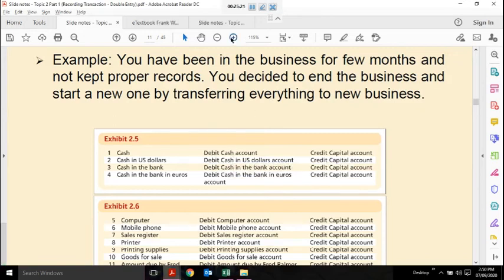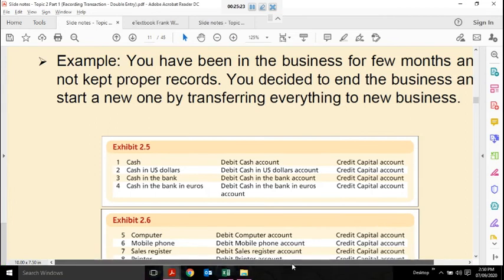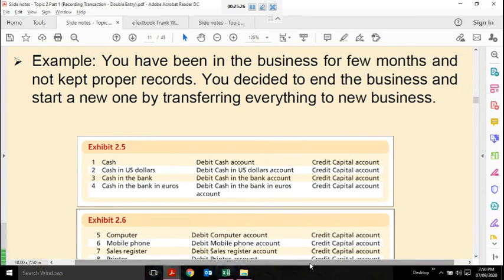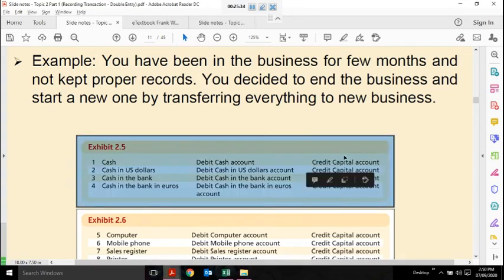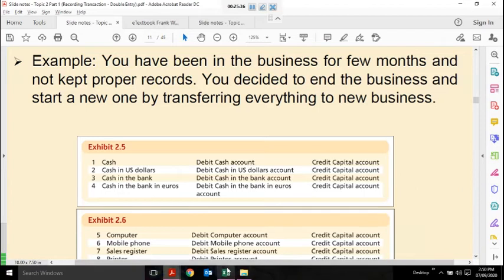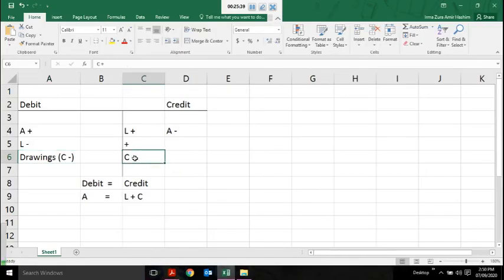And then what is the credit one? Because this is usually when you start your business, another account will be the capital. When your capital increases, you should record it as credit, based on this concept. Capital increase, so you should record it as credit.